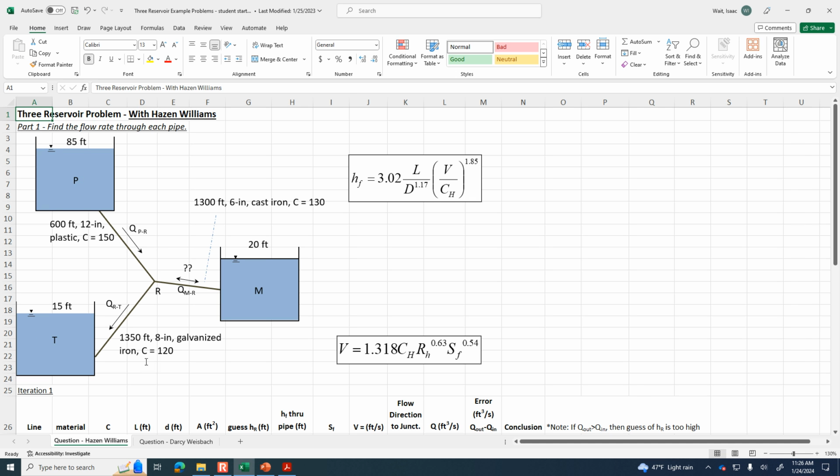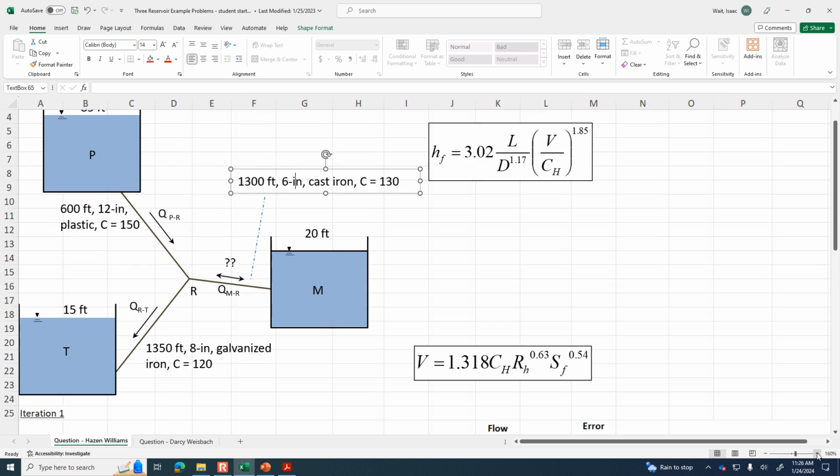It's the same figure. We've got the plastic pipe with a given C value, cast iron pipe with a given C value. We know the diameters, the lengths, galvanized iron. So we've got 3 different pipe materials, 3 different diameters, 3 different lengths, intentionally made dissimilar so we can get some experience setting up the calculations.